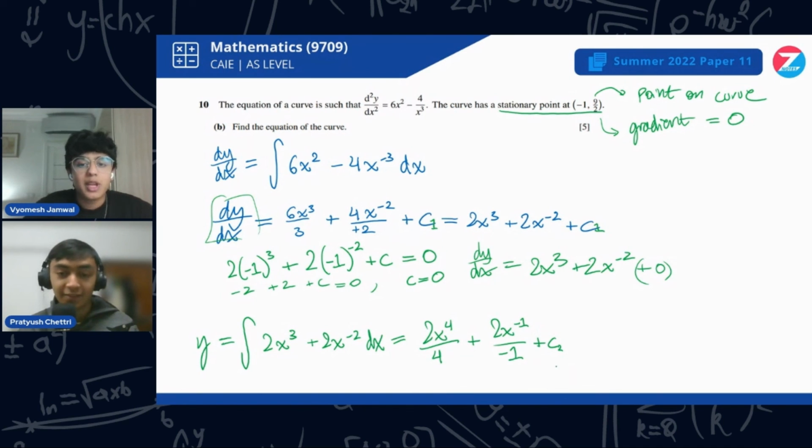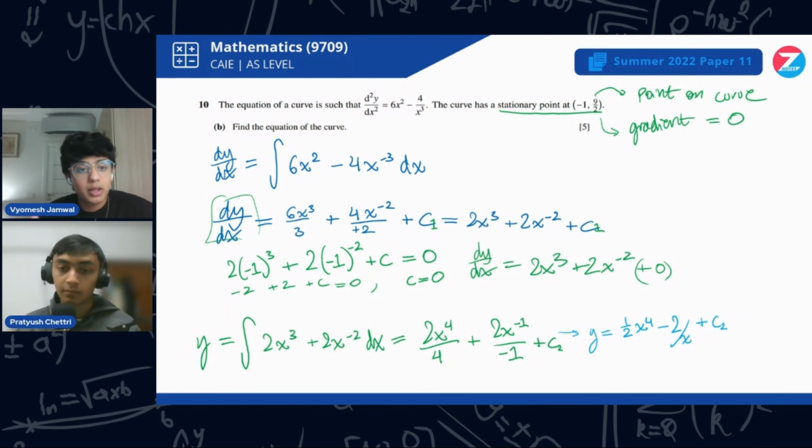So now what we do is put in the values of negative 1 and 9 upon 2 into this. Let's simplify this a bit to make it simple. This is going to be y equals 1 upon 2 x to the power 4 minus 2 upon x, or x to the power negative 1, whatever works, plus c2 equals, yeah, that's given.